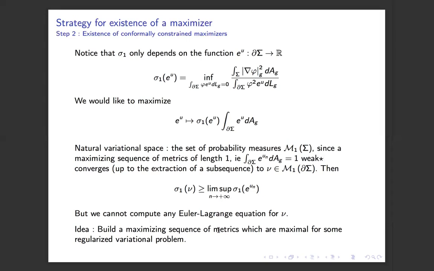So we renounce choosing any sequence of metrics, but we build a specific sequence of metrics.